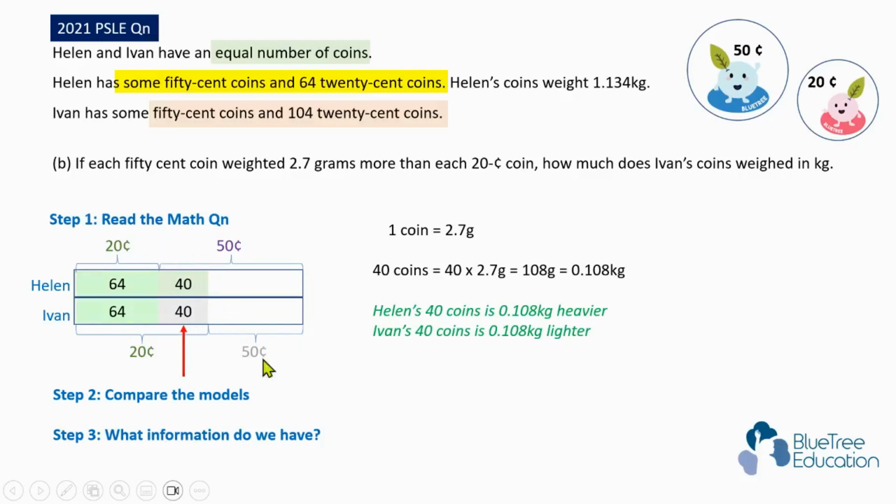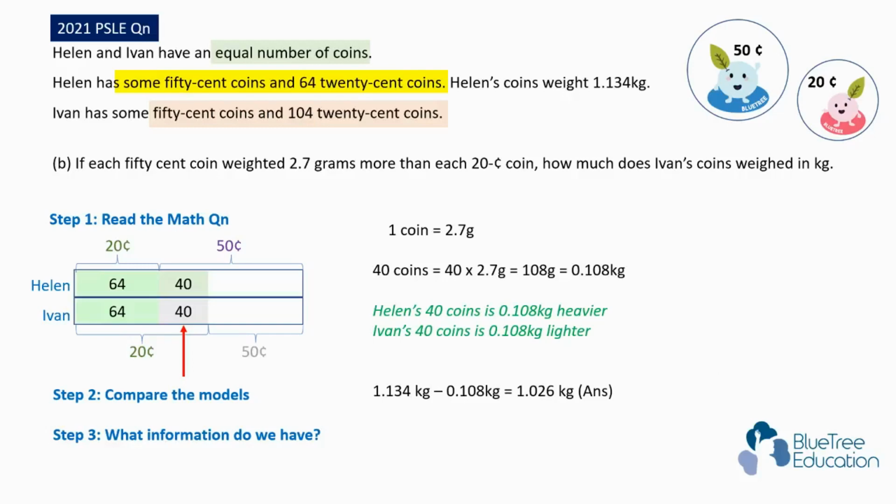So since Helen's coins are 1.134 kilograms, then for Ivan's coins you just minus that difference, and that's your answer. If you take away all the wordy words and count the number of steps, technically it's only a 2 to 3 step problem sum in part B, and 2 to 3 steps in part A.